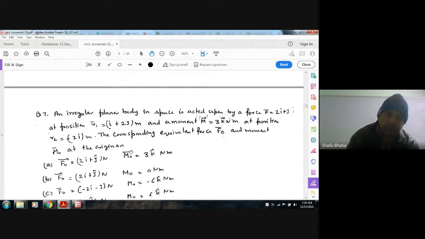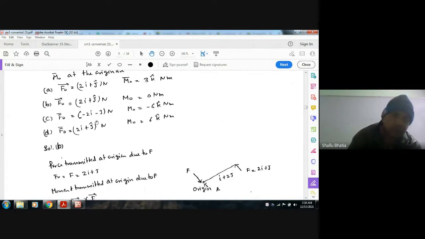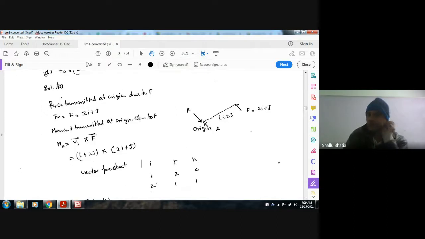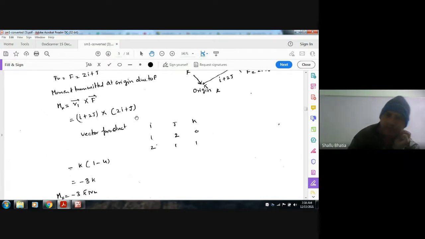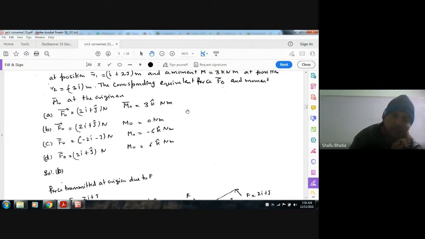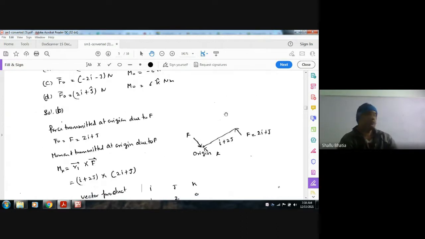So the moment will be 0 and the force will be 2i plus j. So the answer will be force 2i plus j, moment will be 0. Because this moment is anti-clockwise, it is minus 3, and this moment is positive.